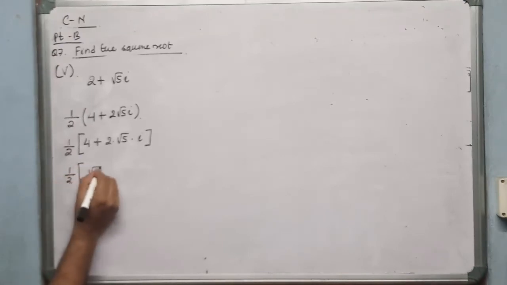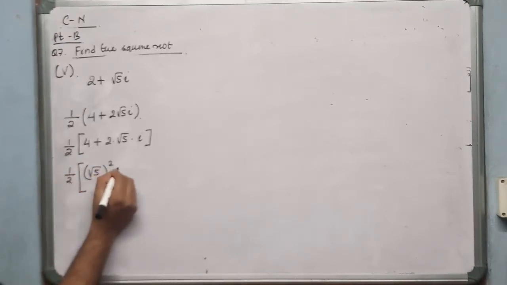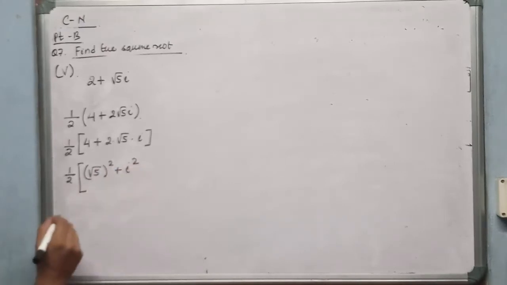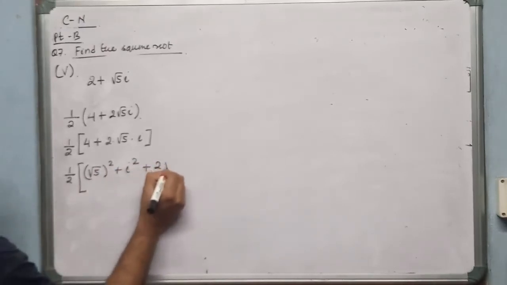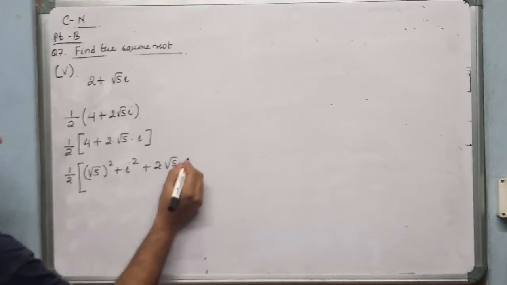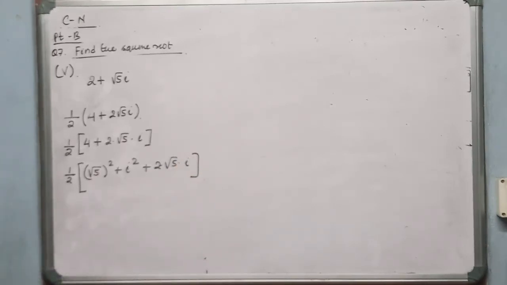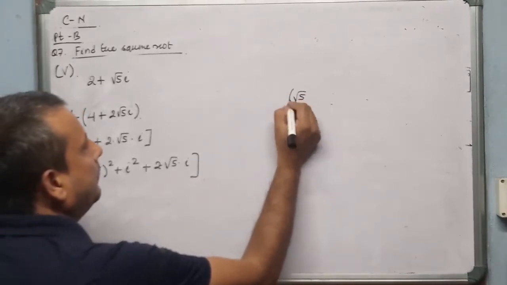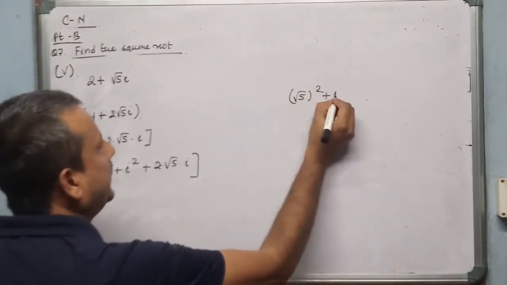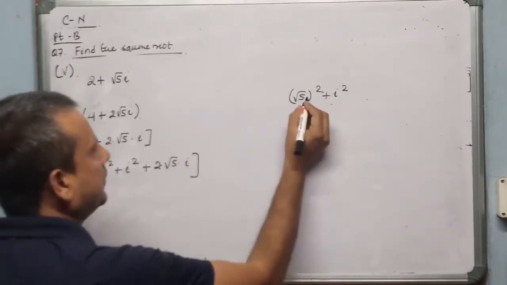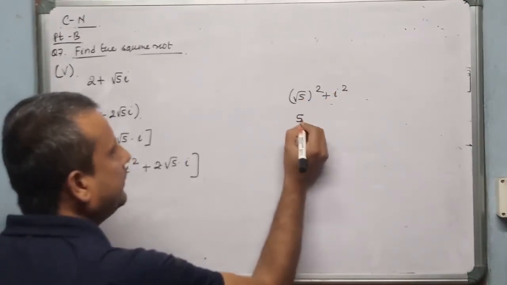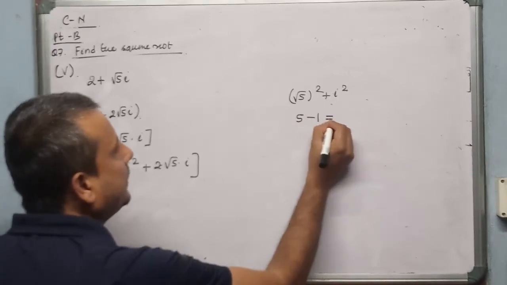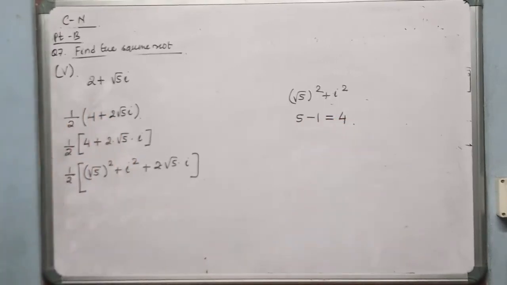Now I'll write a square plus b square plus 2ab. After simplification of these two quantities, can we have 4 over here? Root 5 whole square plus i square, is it equal to 4 or not? Root 5 whole square is 5, i square is minus 1, 5 minus 1 is 4. Now we are getting 4 over here. That is, this supposition is perfect.